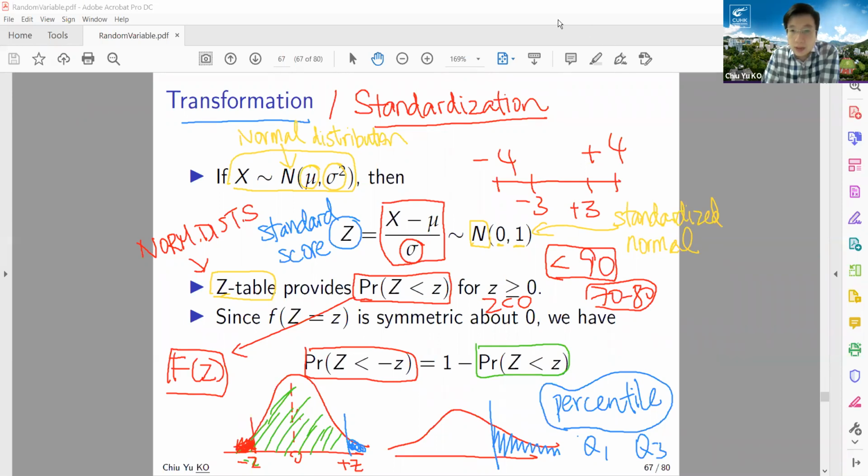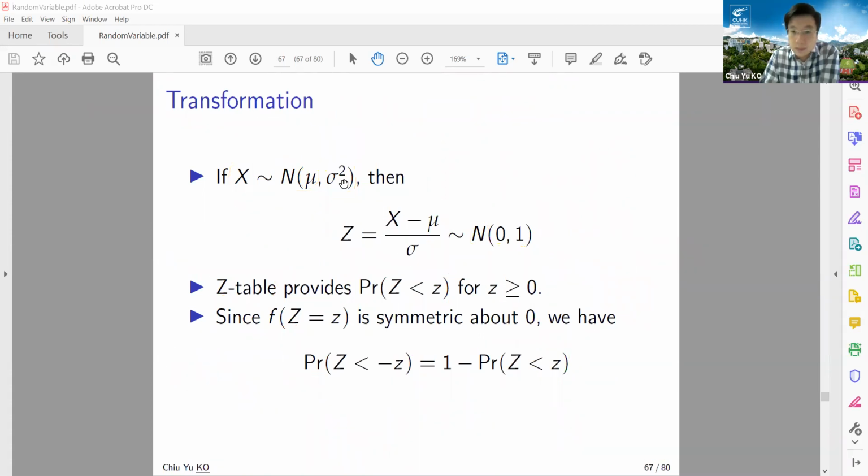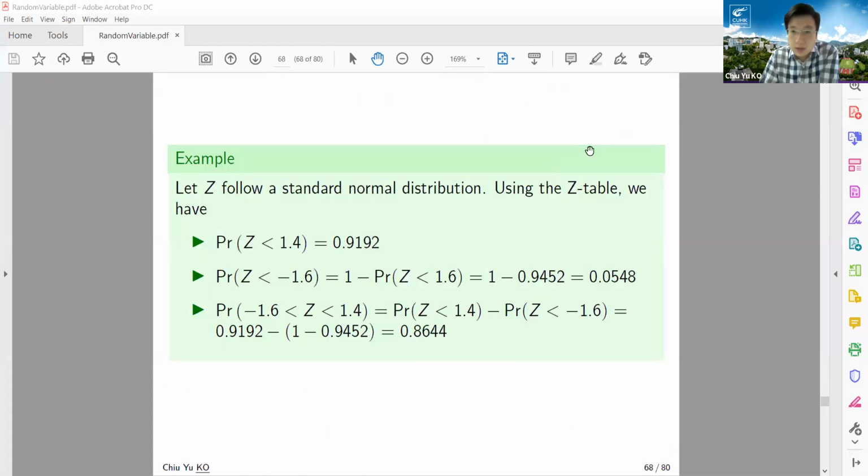So let me clear this. For this question, we can use the Z table, but I will just talk about Excel. Let's turn on Excel, but let me show you the calculation first. So Z follows the standard normal.